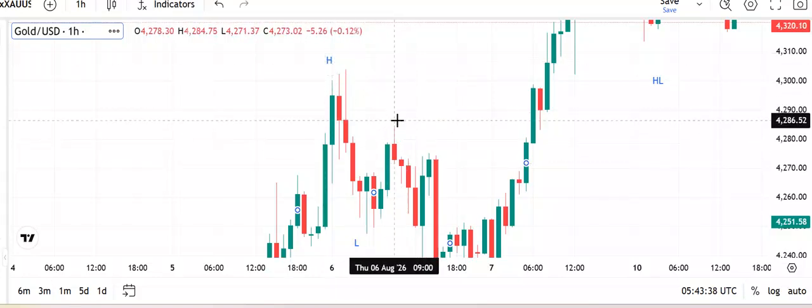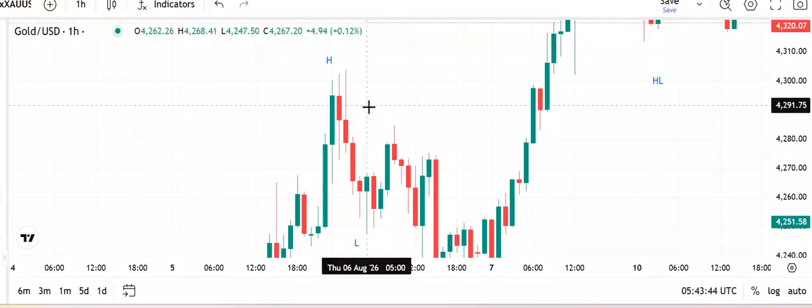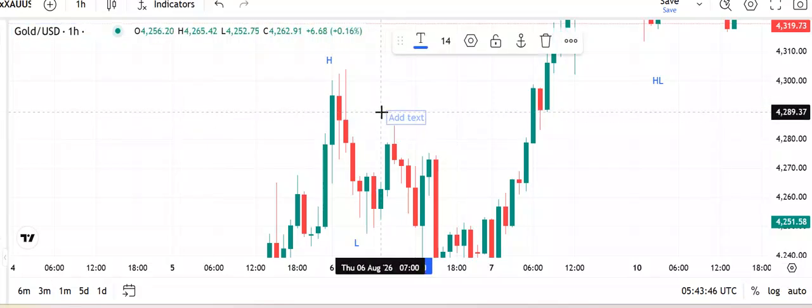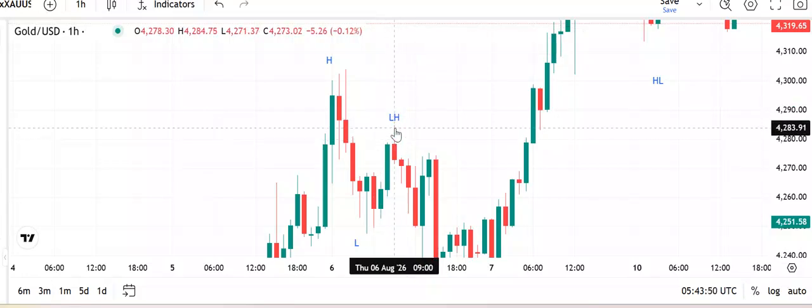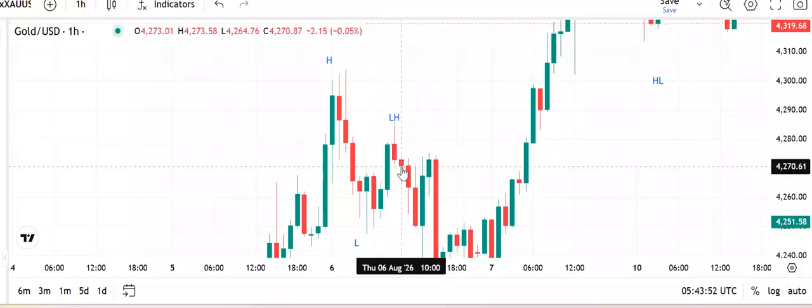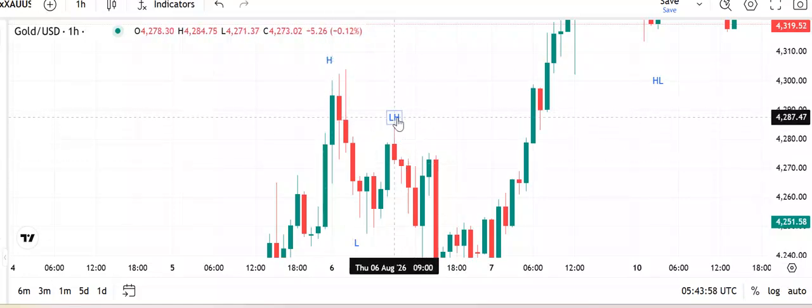Now we have a new high. This high is lower than this high, so we call this a lower high. Because this new high, which we can see after this second candle formation, is lower than the previous high.